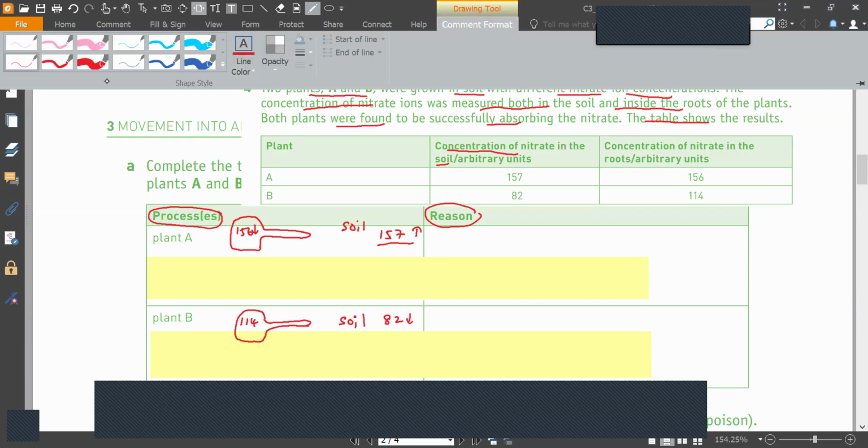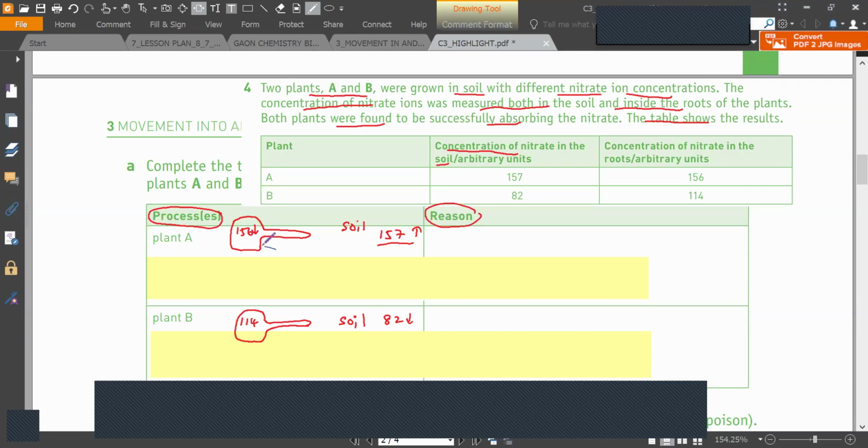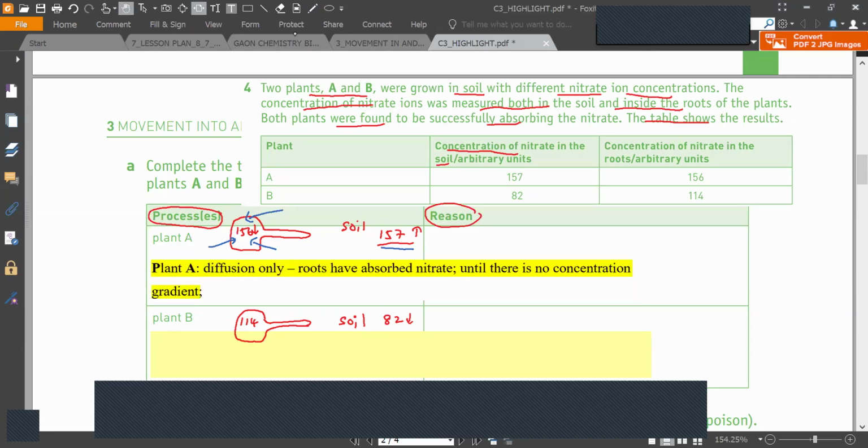What we expect is diffusion of the mineral ions going inside, because outside is higher. Diffusion only, because the roots have absorbed nitrate until there is no concentration gradient.